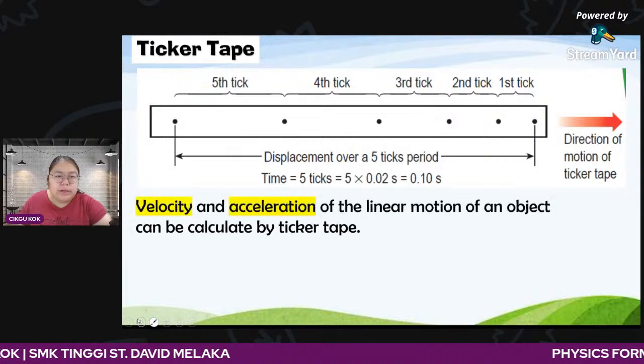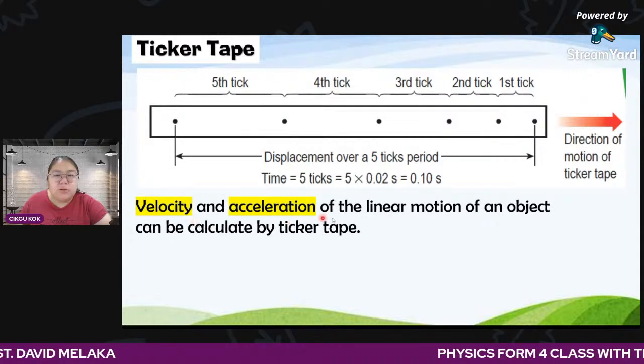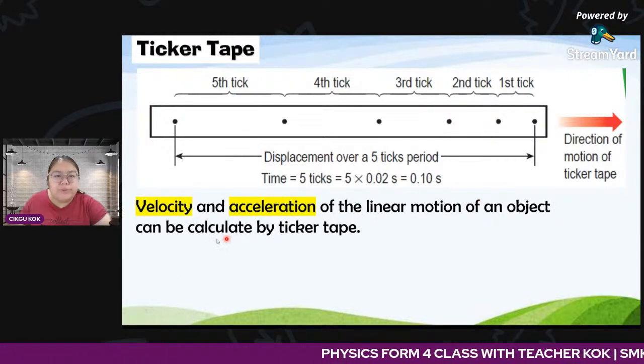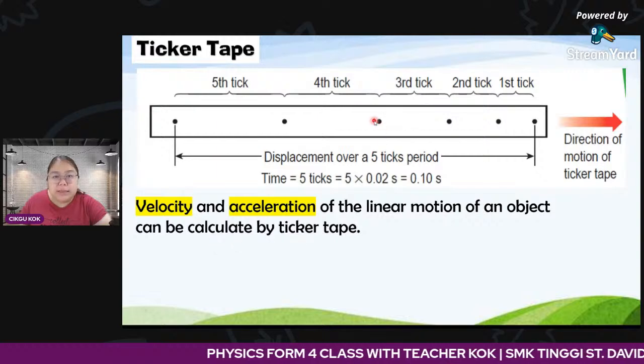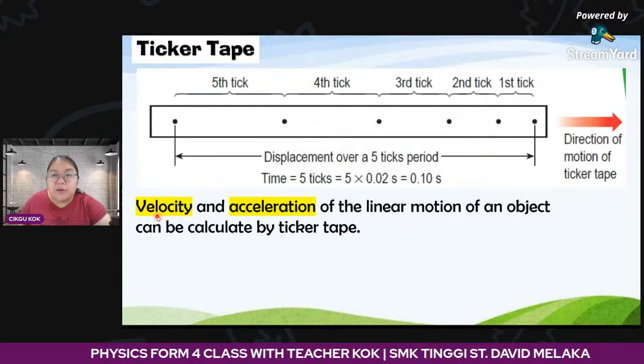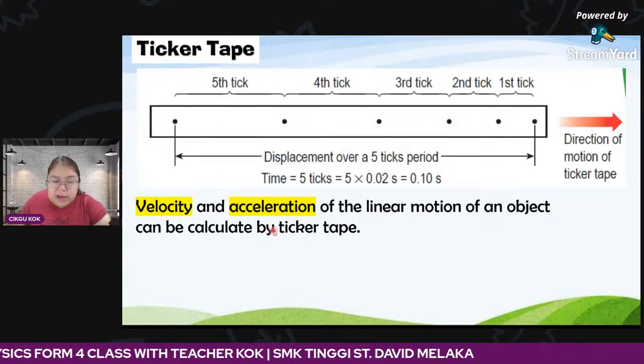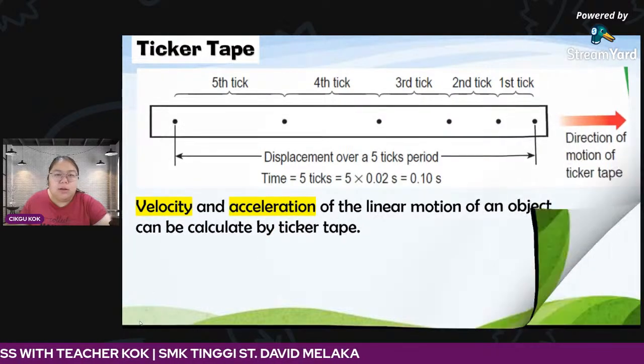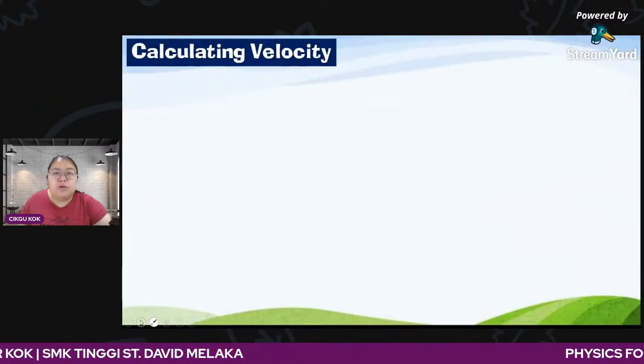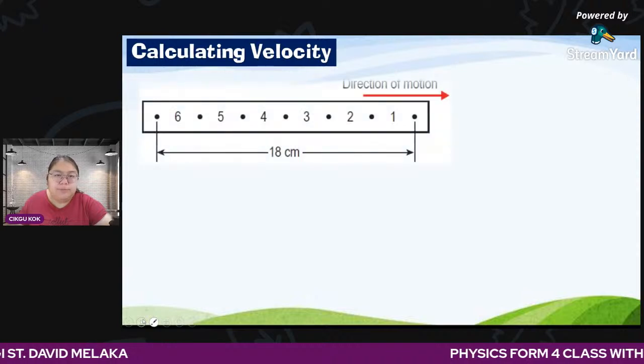Now we go to explain. Velocity and also acceleration of the linear motion of an object can be calculated by using ticker tape. We can calculate velocity, we can calculate acceleration. Now we go to calculate the velocity.